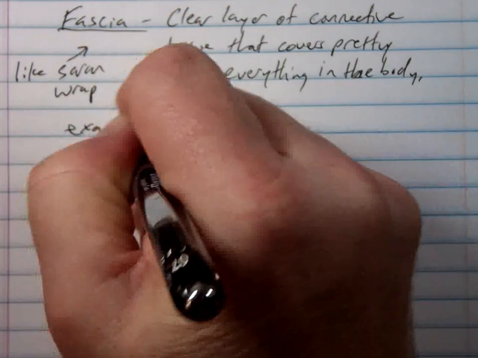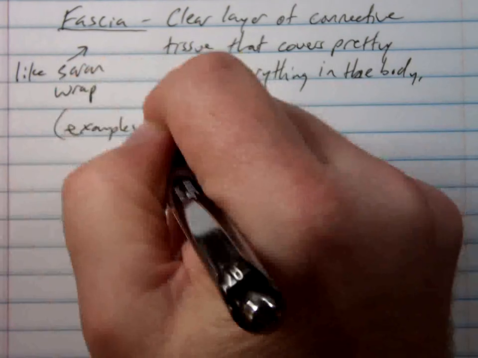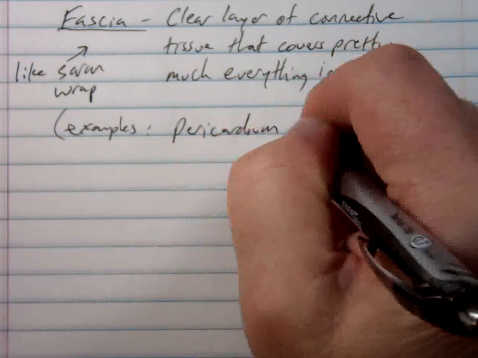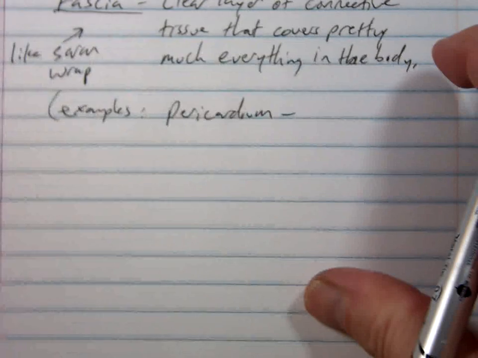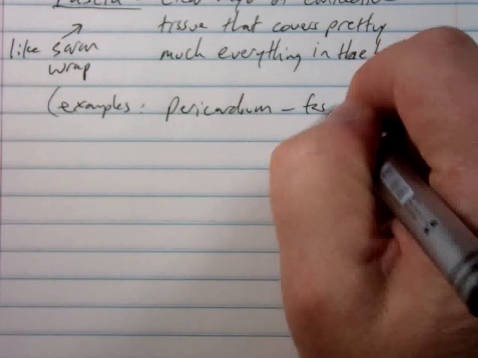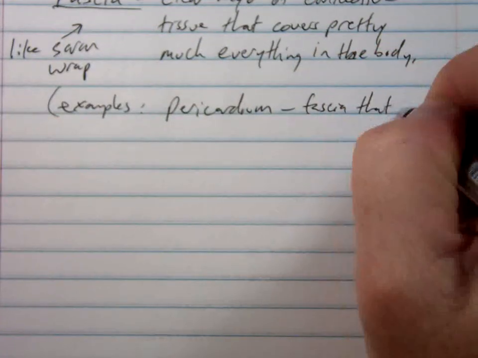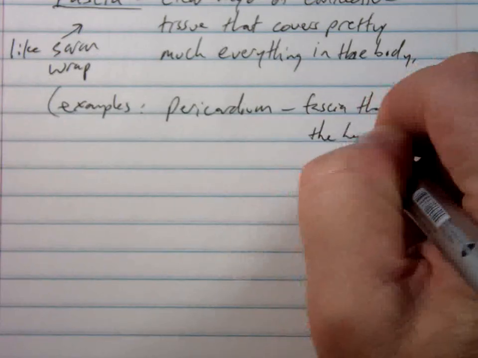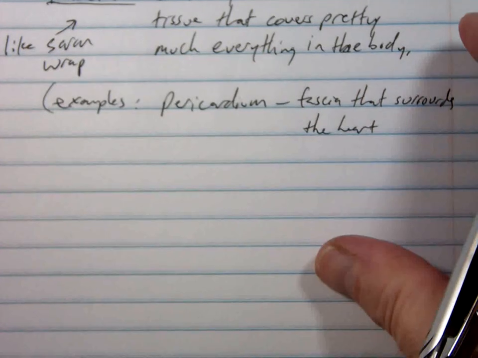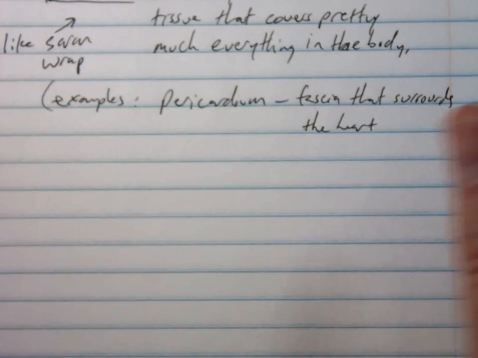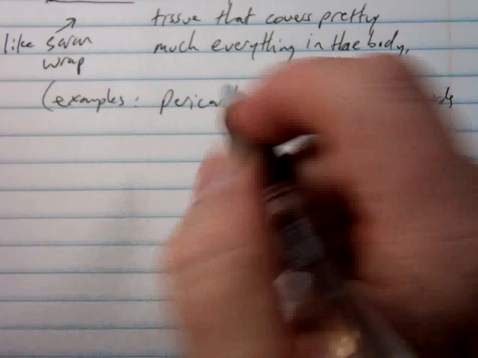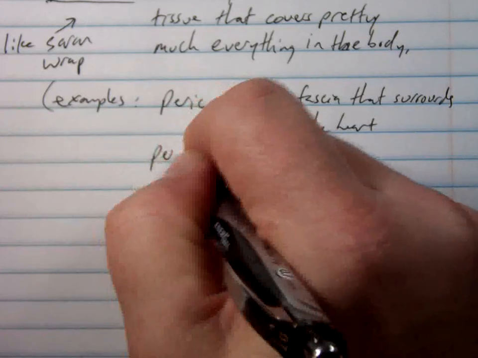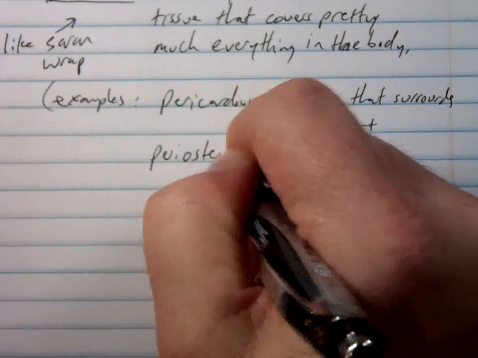Examples. Pericardium is fascia that surrounds the heart. Periosteum.